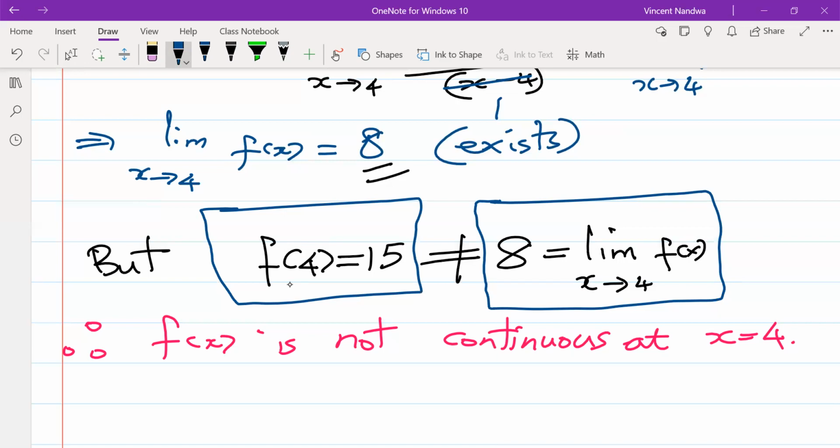Yes, as x approaches that number 4. Condition 3 is not satisfied, so therefore it fails the test for continuity. So remember, all of them must be satisfied. If at least one of them is not satisfied, then the function is not continuous at the specified point.